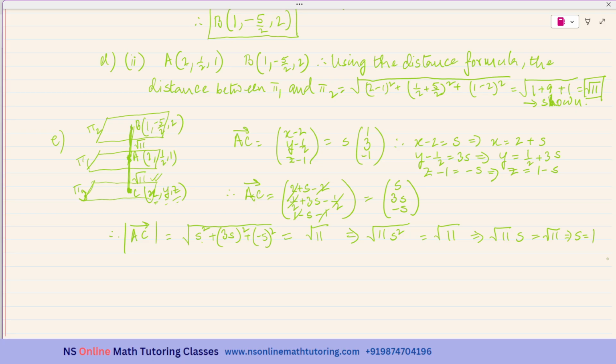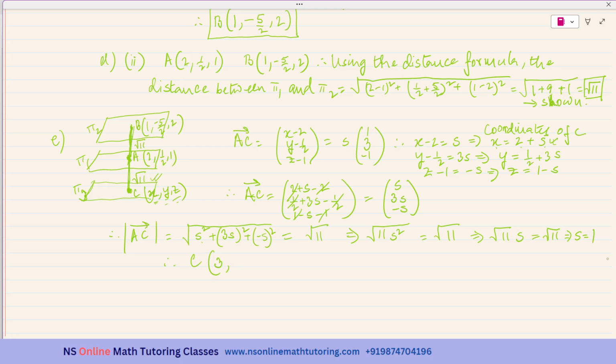Okay. So therefore, the C's coordinates will be, these are the coordinates of C. So x equal to 2 plus S, S is 1. So 2 plus 1 is 3. And y equal to half plus 3 times S. 3 times 1 is 3, 3 plus half is 3.5.